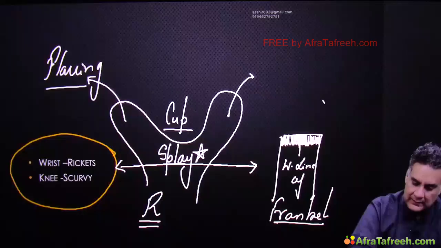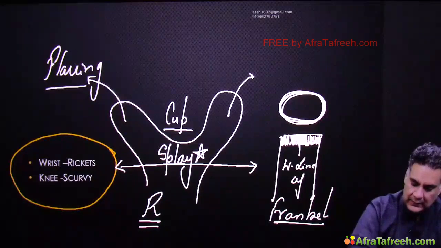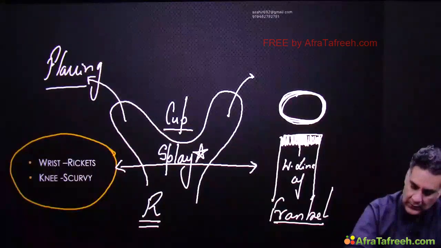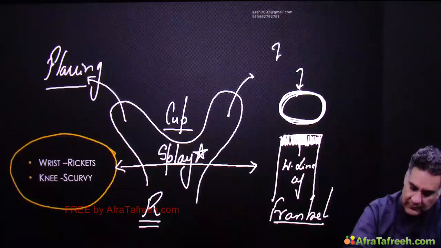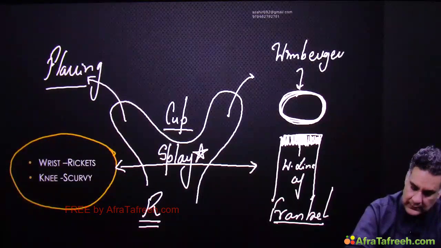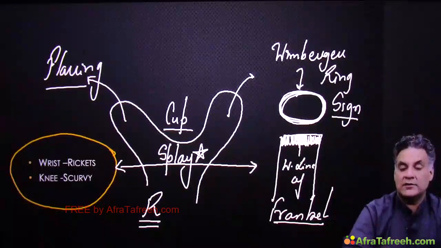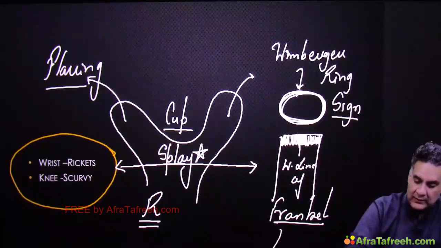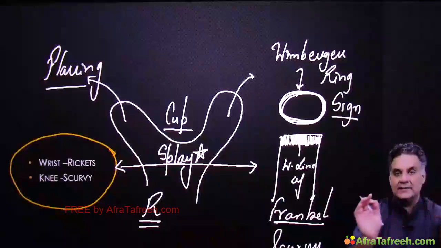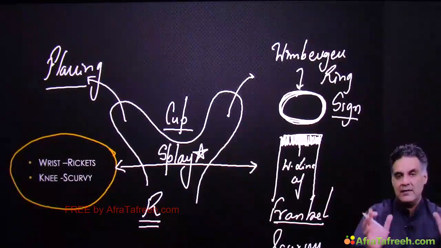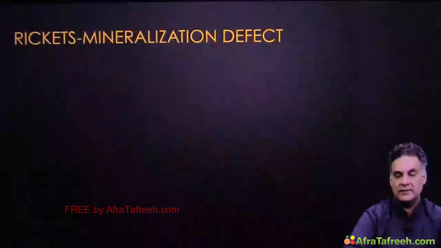Plus, if this is the epiphysis, its boundaries are again whitish, called the Wimberger ring sign. Sclerotic margin of the epiphysis is the most specific for scurvy. So, widening is rickets, whitening is scurvy.